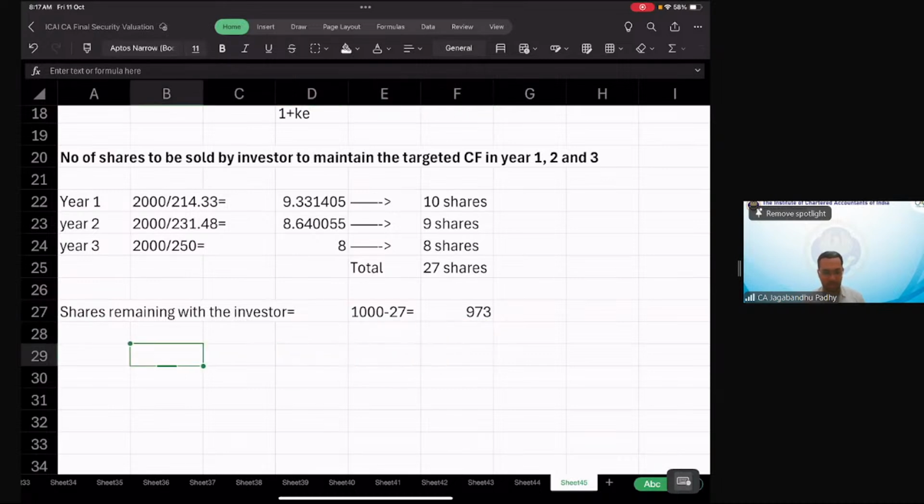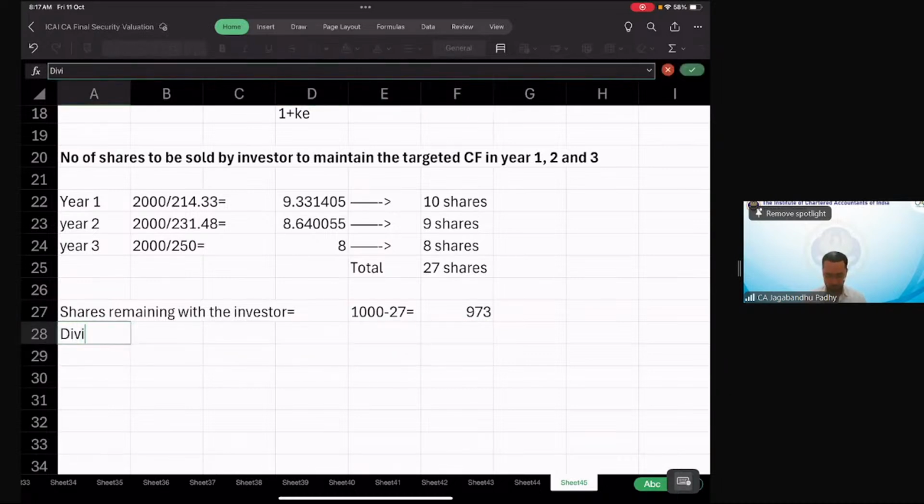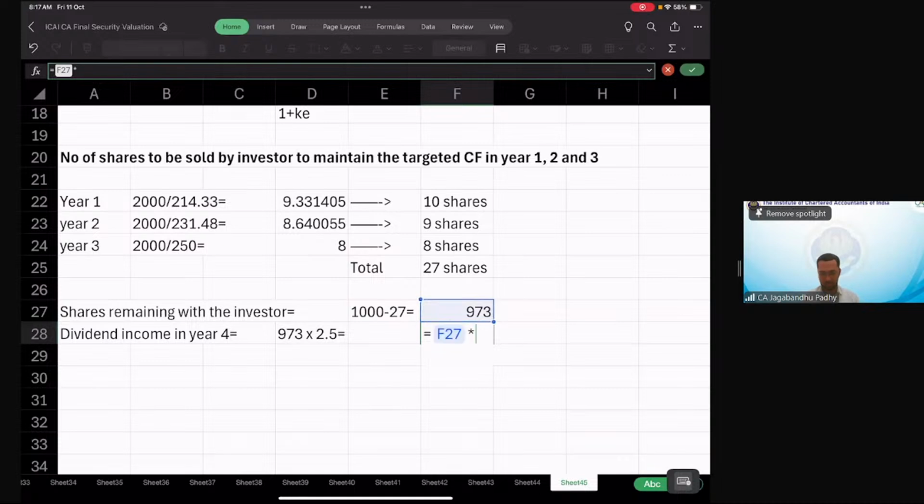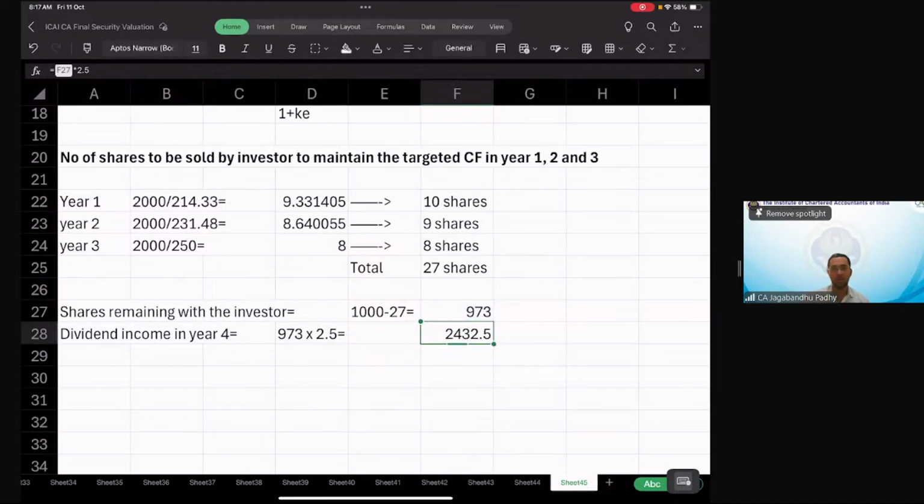Now, what will be his dividend income? Dividend income in year 4 will of course be 973 multiplied by 2.5 per share. This is 2432.5. So earlier you were targeting 2000 rupees.